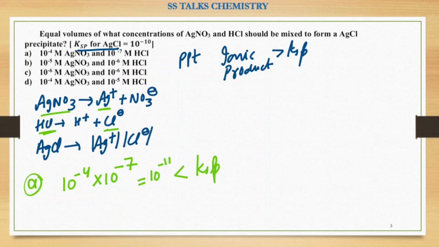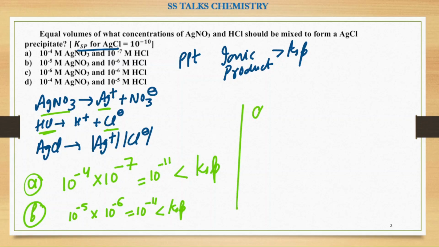That means no ionic product formation will be there. Next option, Ag+ concentration is 10 raised to the power of minus 5, and for Cl- it's 10 raised to the power of minus 6, which comes out to be 10 raised to the power of minus 11. Again it is less than the Ksp value, so no precipitate will be formed.